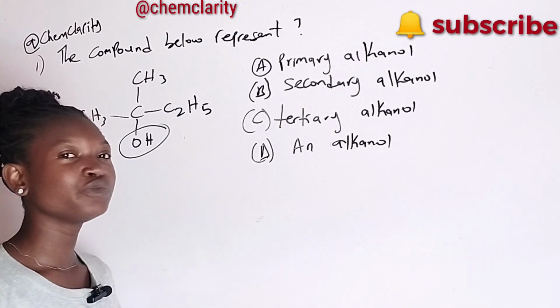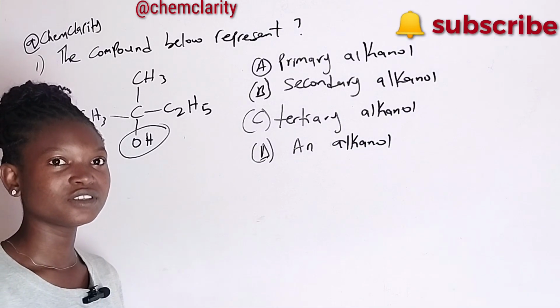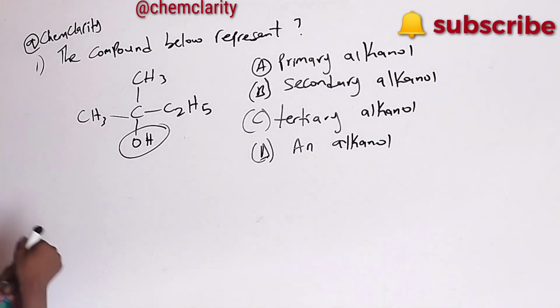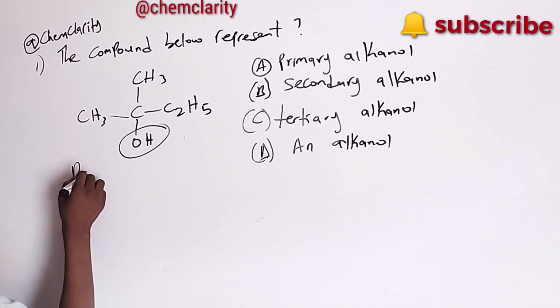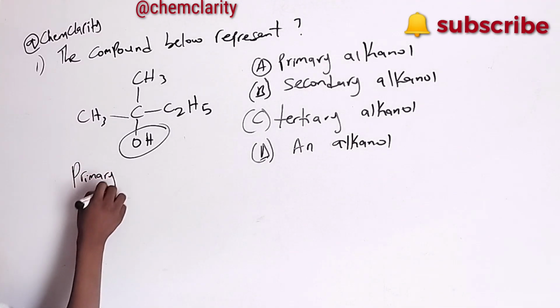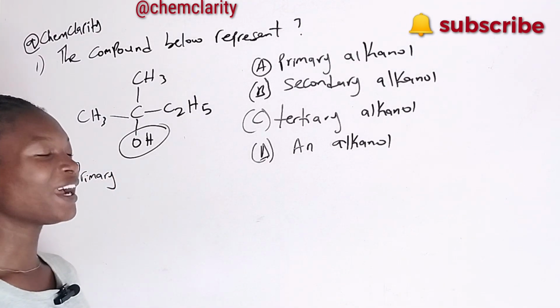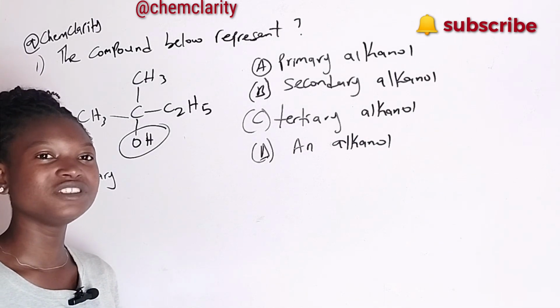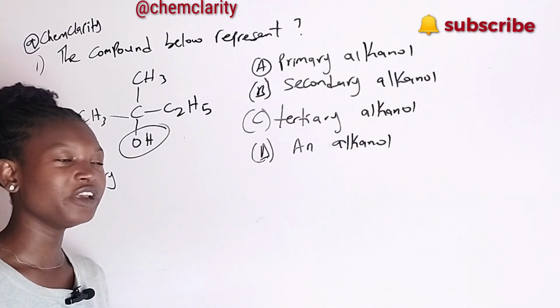Now, what you have to do, you want to identify the class of any organic compound. For primary, we always have two hydrogen attaching to the carbon carrying the OH.